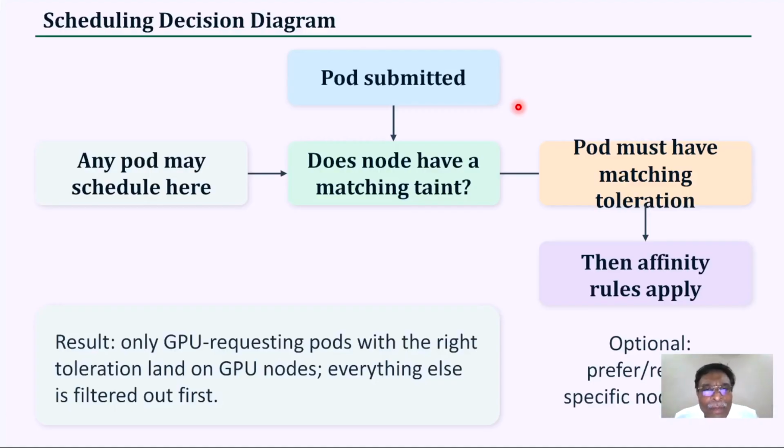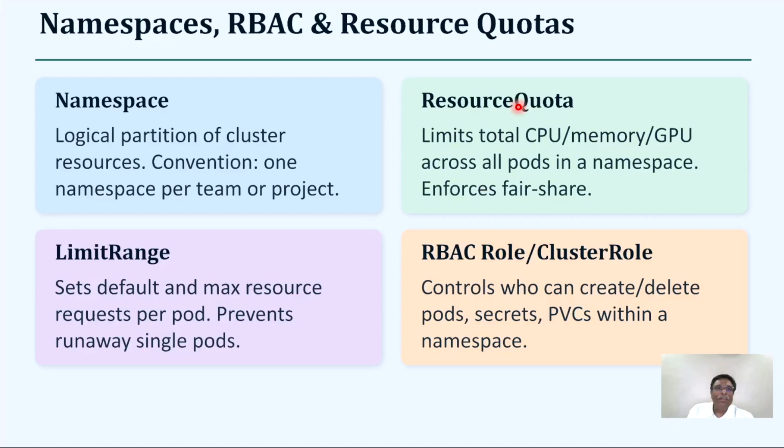So the basic idea here is that we have to have a matching tag-like thing, okay, and that is actually referred to as taint. And then pod must also have the matching toleration, okay, and then pods are to be submitted to the nodes, and pods and nodes should have the matching taint, okay. So this is how it is.